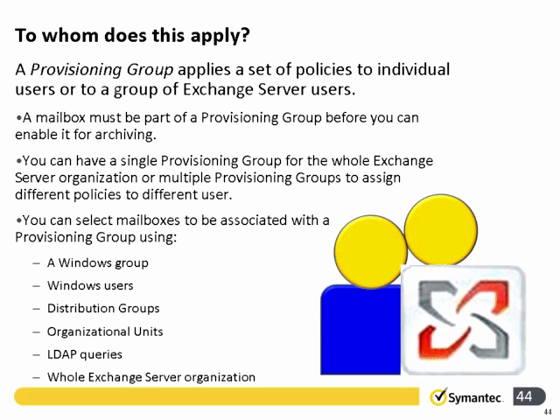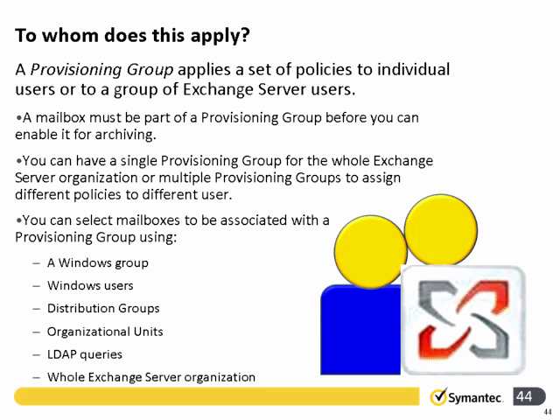We can go in and define individual users in the Enterprise Vault, in the Exchange environment. We can set it up for your organizational units that you defined in Active Directory. We can set it up using a Lightweight Directory Access Protocol, or LDAP, query. And then, of course, we can be as generic as just saying that everybody in the Exchange organization has the same group of policies.